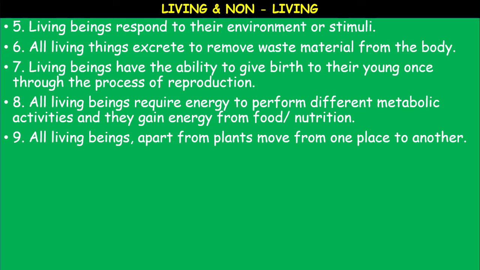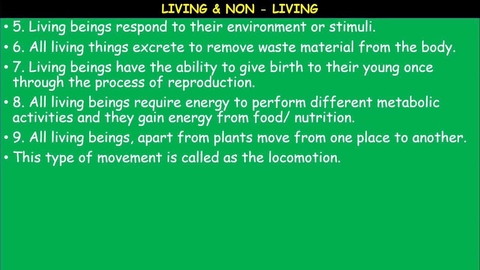Next, all living beings apart from the plants move from one place to another, whereas a non-living thing, like a table, cannot move, isn't it? But the living beings move from place to place based on the requirement. This type of movement is called locomotion.